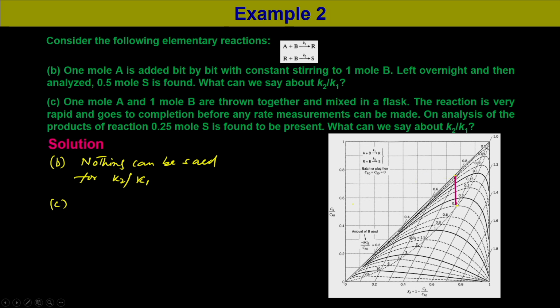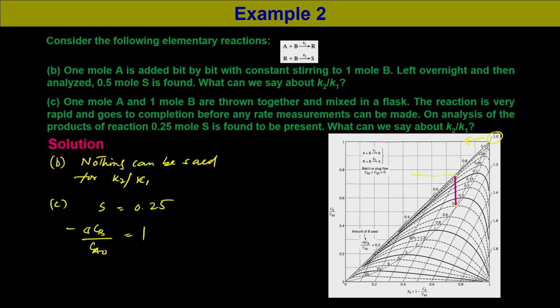So, this is S equal to 0.25, and with delta Cb by Ca naught equal to 1, because 1 mole of A is added to 1 mole of B, we will follow this line.